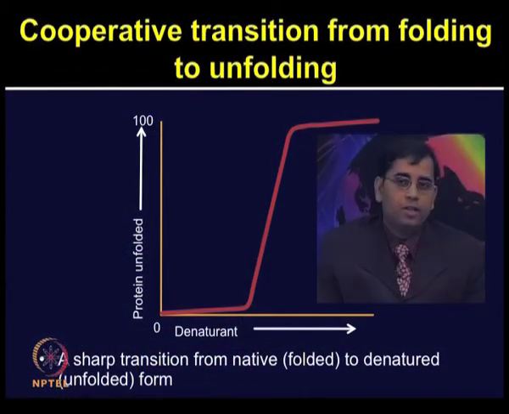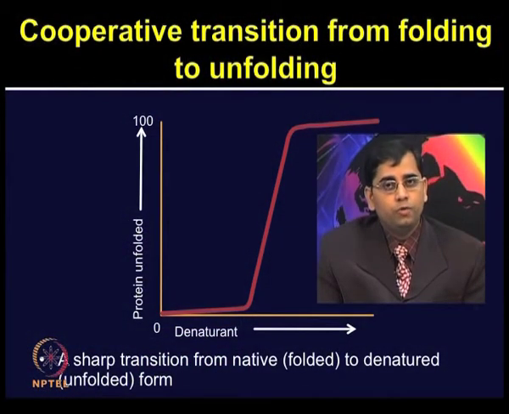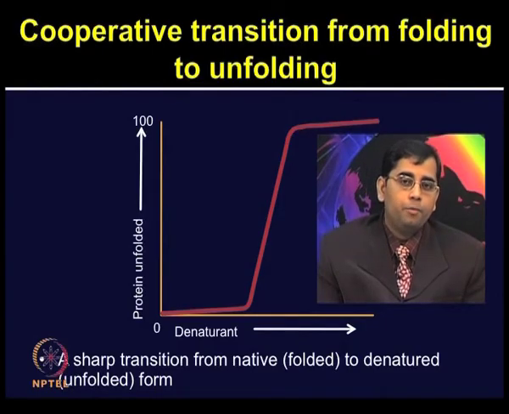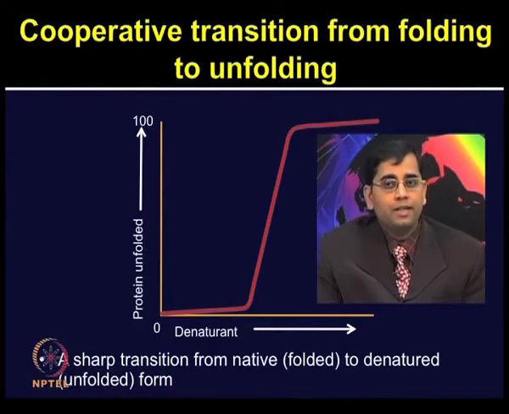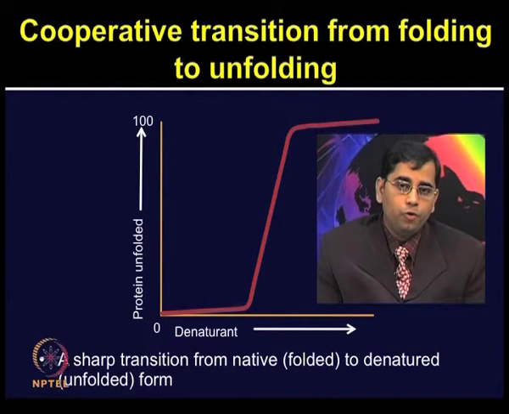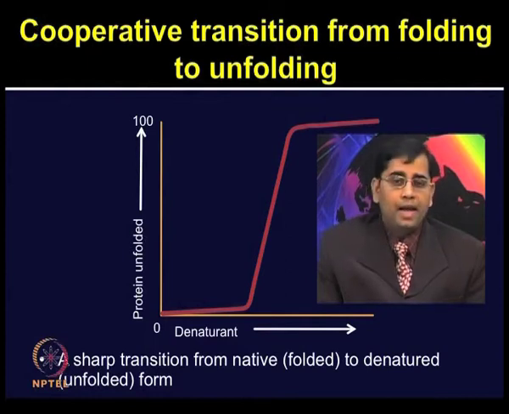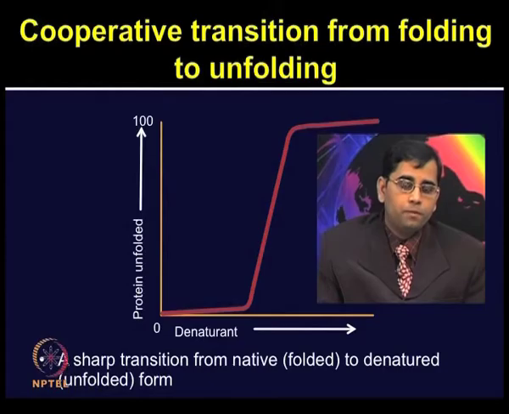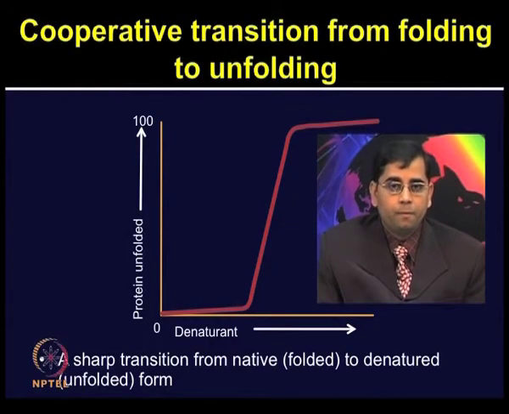So, how does this process of folding to unfolding work? There are various hypotheses and mechanisms that have been proposed. Let us talk about cooperative transition here from folding to the unfolding form. As you can see in this graph, on the y axis, the protein in the unfolded form from 0 to 100, and on the x axis, the presence of denaturant.